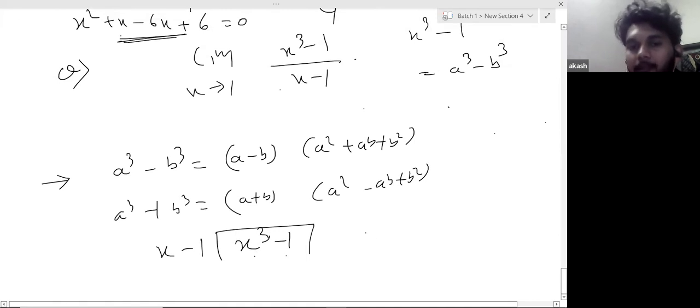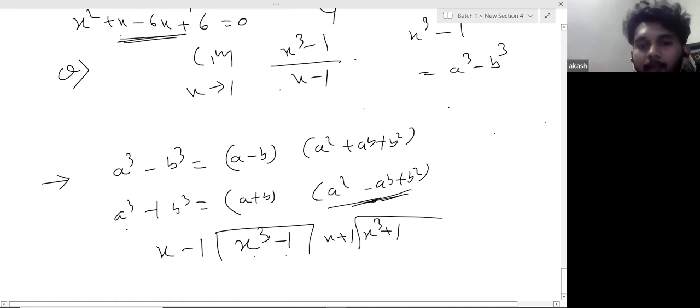But if you are getting this, then divide by x plus 1. If you have a cube minus b cube, then divide by a minus b. A cube plus b cube, divide by a plus b. You will get the remaining factor as this. All right, now solve this question.